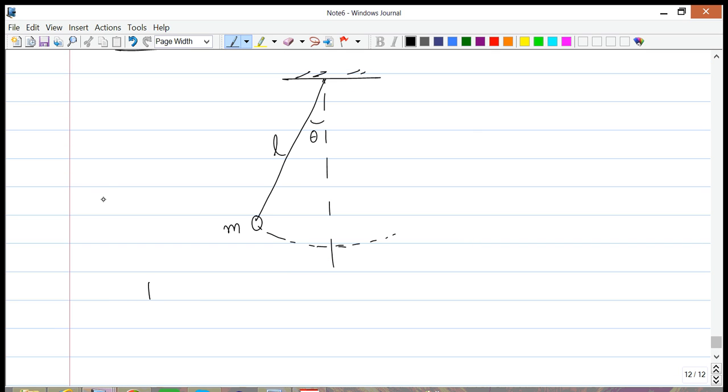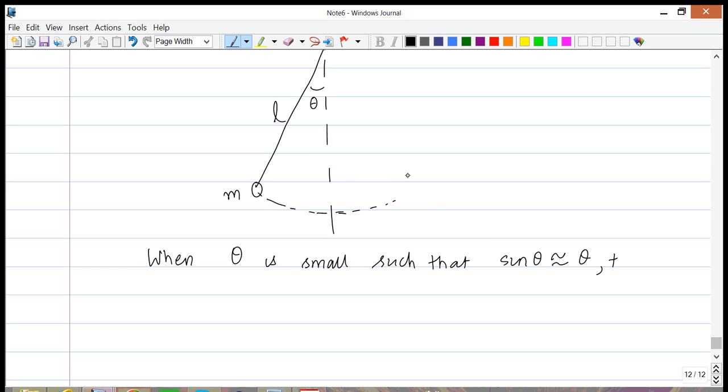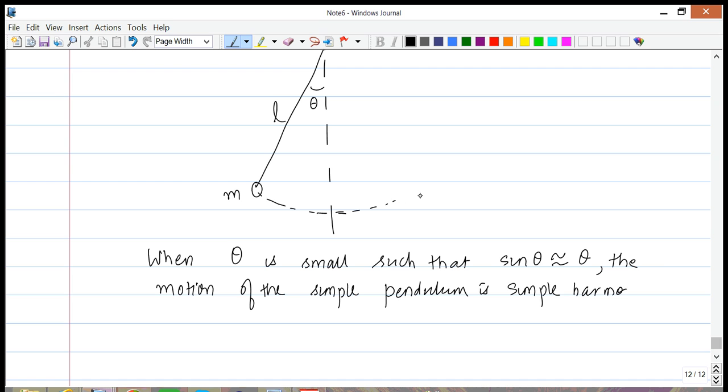When theta is small, which means the initial angle that we give it is small, such that sine of theta is approximately equal to theta, the motion of the simple pendulum is simple harmonic.